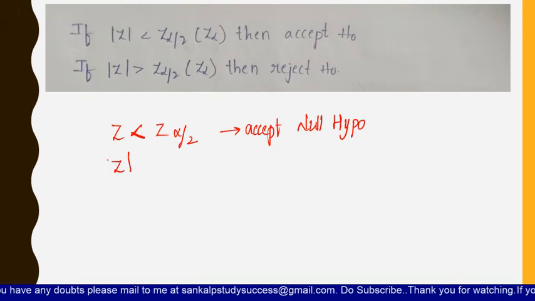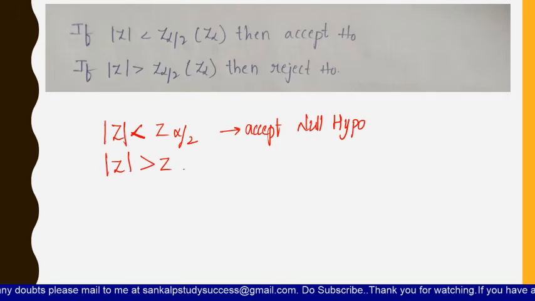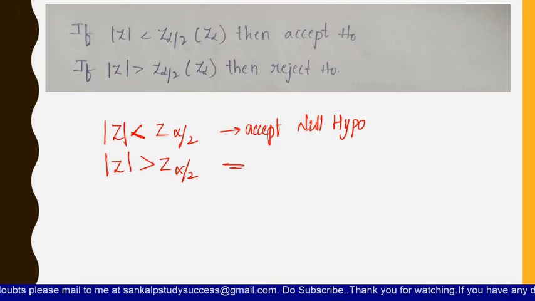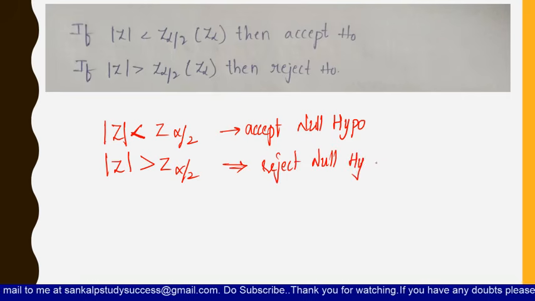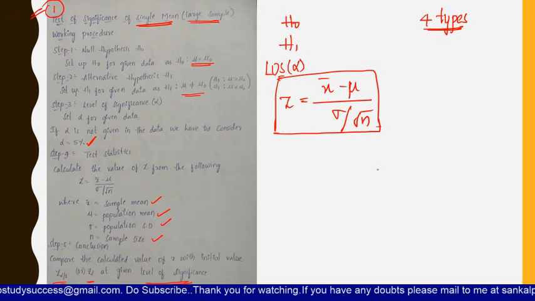If the calculated mod z value is greater than z alpha by 2, then reject the null hypothesis. In this way we compare and decide whether the null hypothesis is accepted or rejected. So this is the procedure to solve the problems of test of significance of single mean.